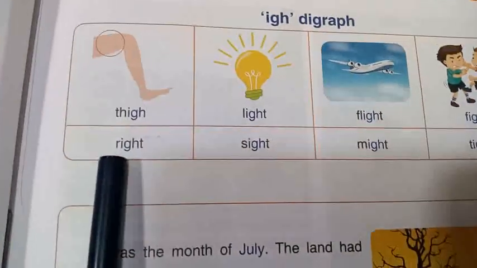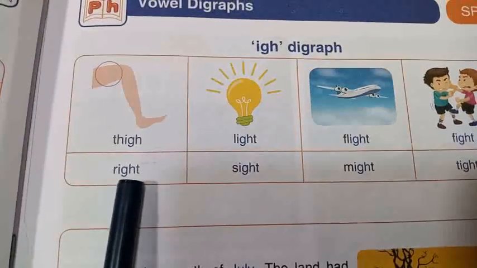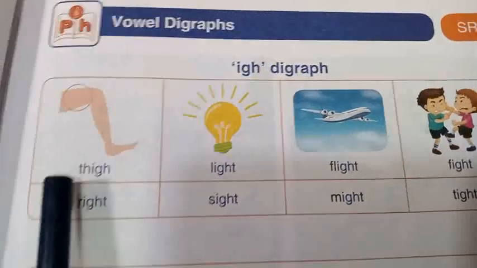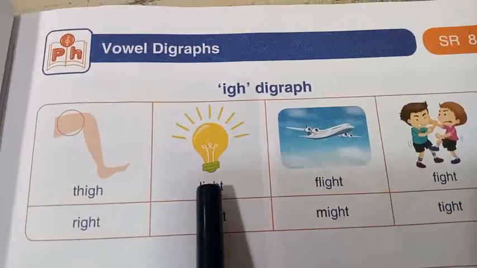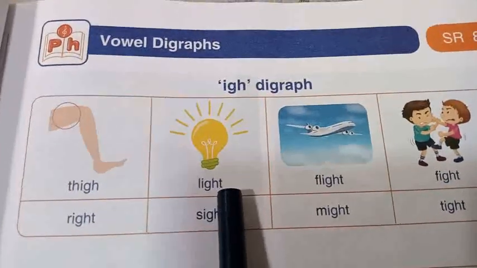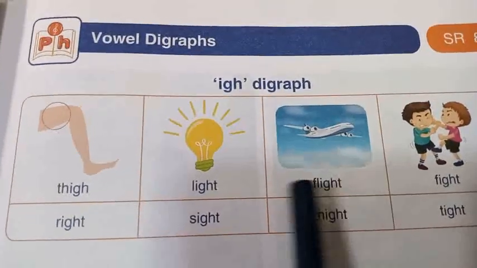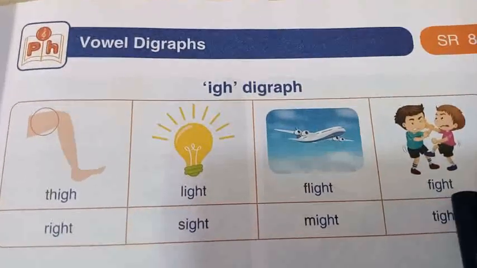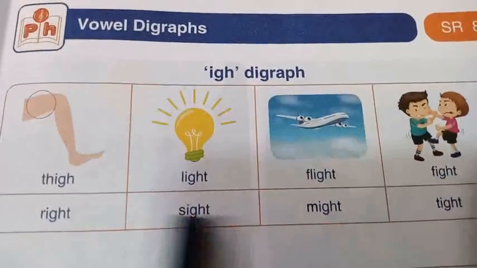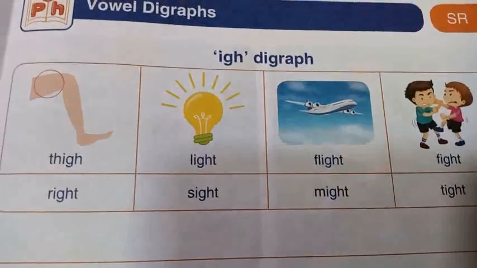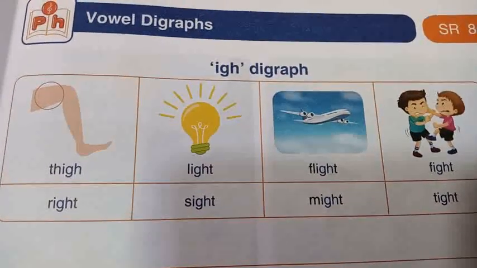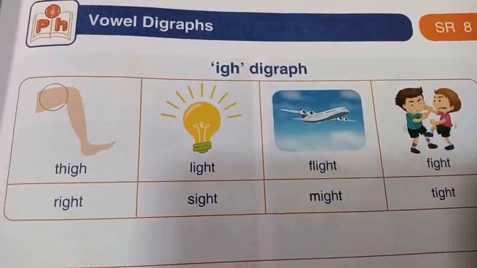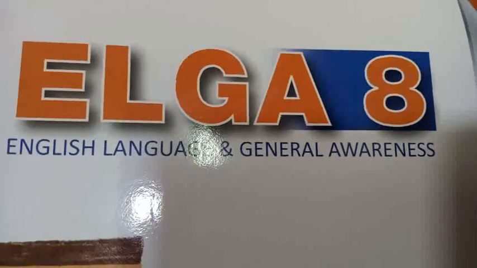Next, right. Once again, I will read this. Tie, light, flight, fight. This one you have to try to read. Okay, my dear children? Do you understand how we have to read the phonic sounds? We have to use the sounds to read these words, right? Yes. Great, my dear children.